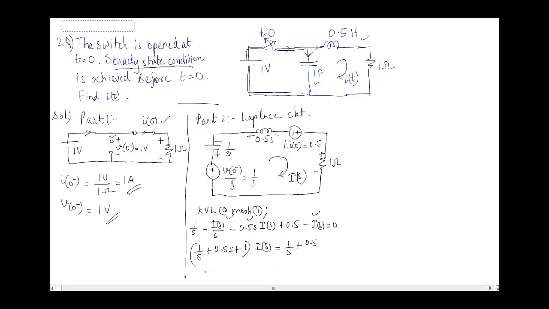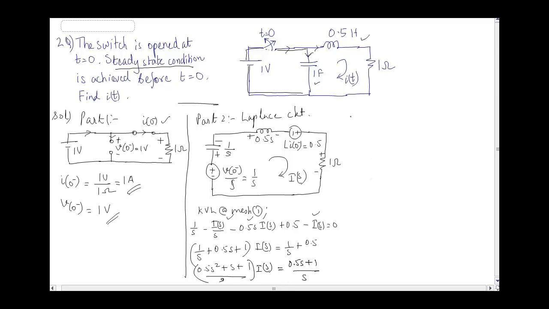Here I will get 0.5 s square, because s into 0.5, plus s plus 1, the whole divided by s, into I of s is equal to 0.5s plus 1 divided by s.